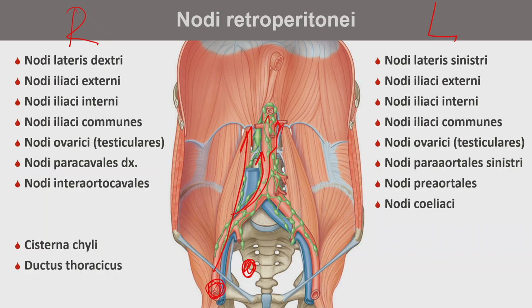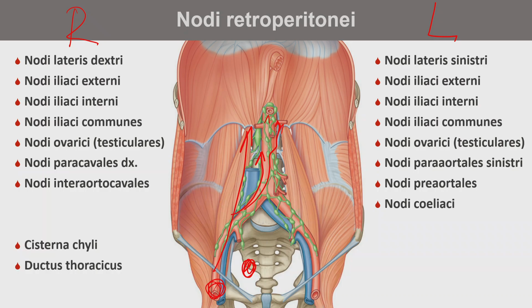We distinguish paracaval. They are named right paracaval. Then we have interaortocaval. Those are those which are called paraaortal dextri. Then we have anterior aortic, which are at the anterior aspect, and the left paraaortal, which are left.